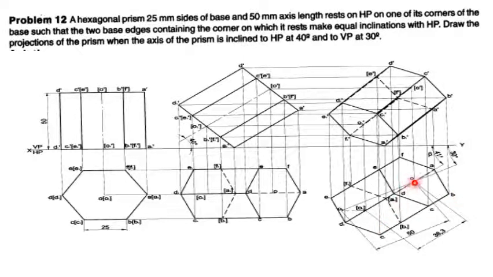Arbitrarily select any one point on the 30-degree inclined line, we'll name it O. The true length of the axis is 50 millimeter. So take 50 mm radius from O on the 30-degree inclined line and cut the arc. From the intersection of the arc and the 30-degree inclined line, draw a horizontal line, that is called the locus of O1.